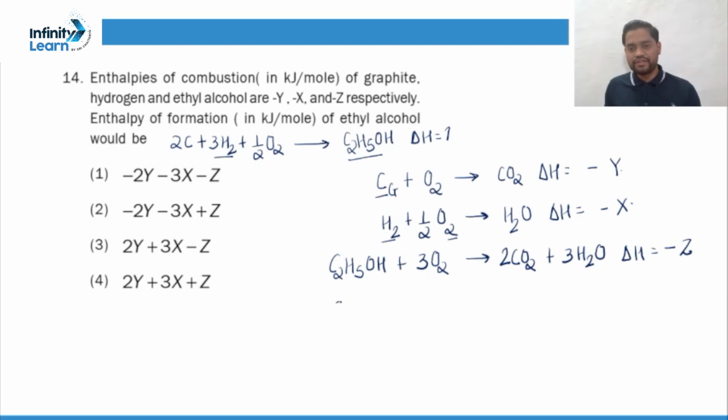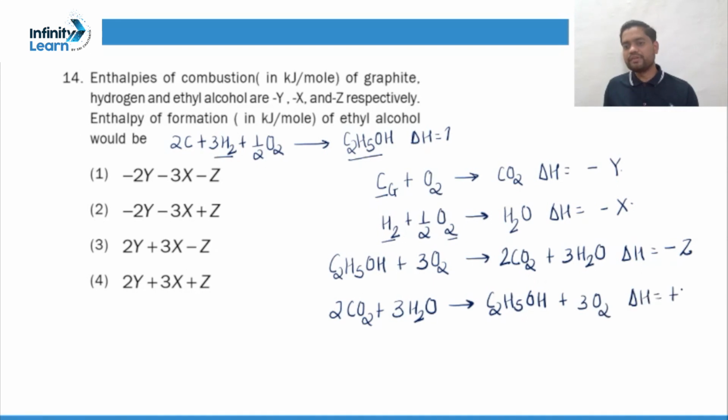If I reverse this equation, I'll get 2CO2 plus 3H2O gives you C2H5OH plus 3 oxygen, and delta H will become positive. Then to get 2 carbon, multiply by 2. To get 3 hydrogen, multiply by 3.